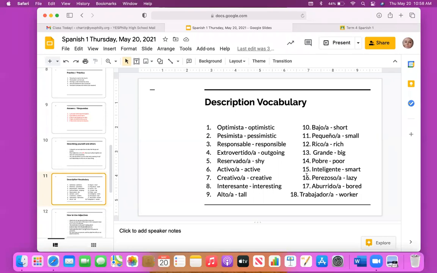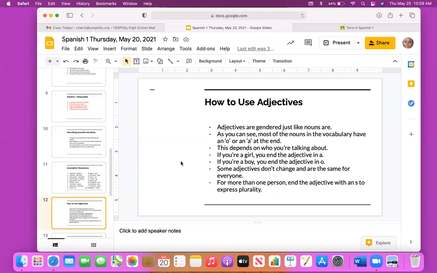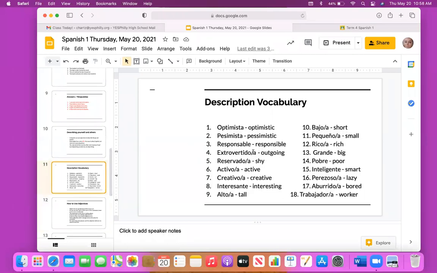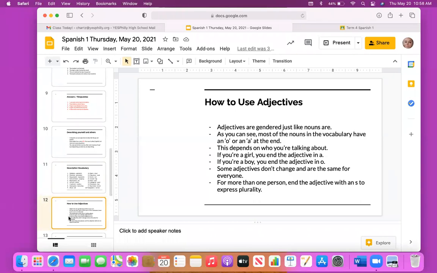Pobre is poor. Inteligente is smart. Perezoso or perezosa is lazy. Aburrido or aburrida is bored. And trabajador or trabajadora is a hard worker. And then I'll explain the O versus the A endings and things like that.